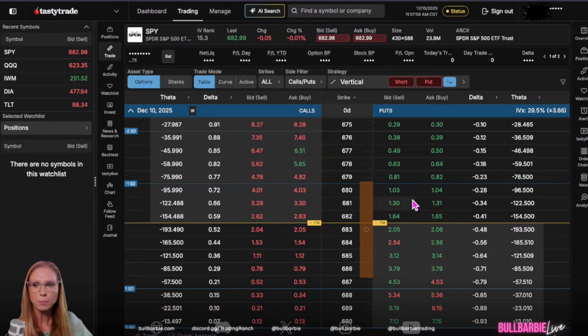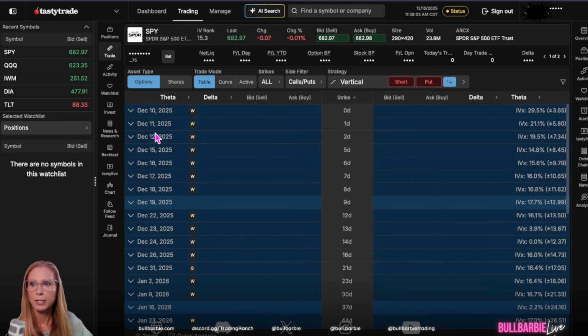But the other thing I wanted to show, because I kind of skipped over this at the beginning, is we have all of these different dates. And this is the thing that really complicates options. Every single one of these contracts that we're dealing with, whether it's a call contract or a put contract, has an expiration date. And that's what you're seeing here. I had pulled out today's.